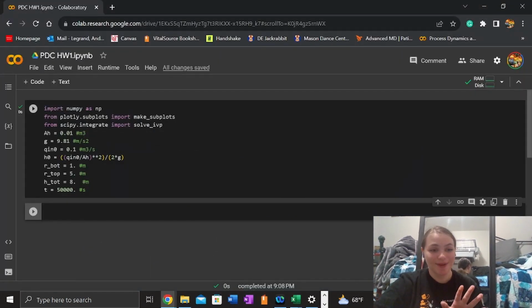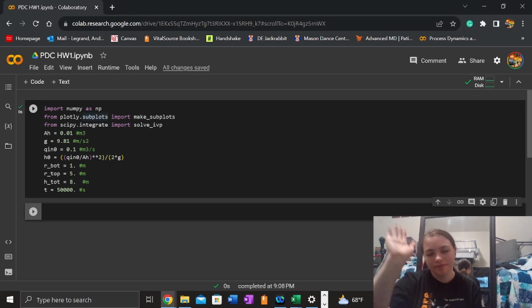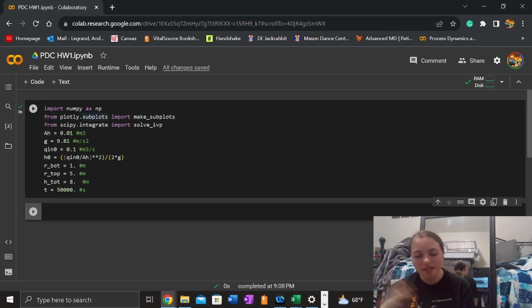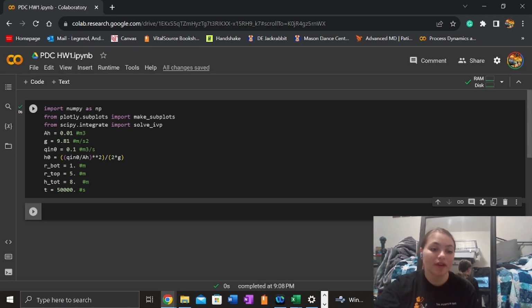Okay. So I did some preemptive coding. So here is us importing all of our basic code. So we have NumPy, basic calculations, we have subplots, making sure that we can graph it, and then we have integration, solve_ivp. So then I put in our initial values.